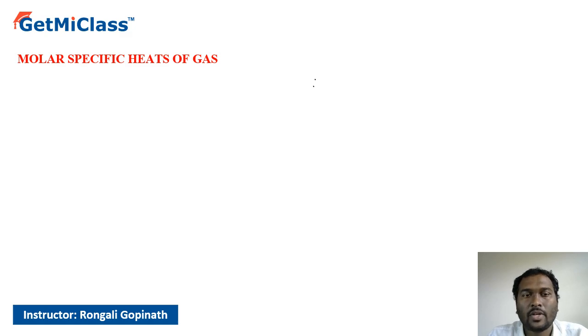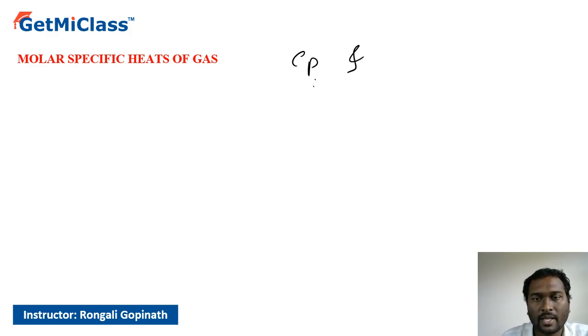The next concept that we have is molar specific heats of gas. We can define different molar specific heats for a gas based on the process it is undergoing. But there are too many to read, so we are going to focus mainly on two important molar specific heats called Cp and Cv.